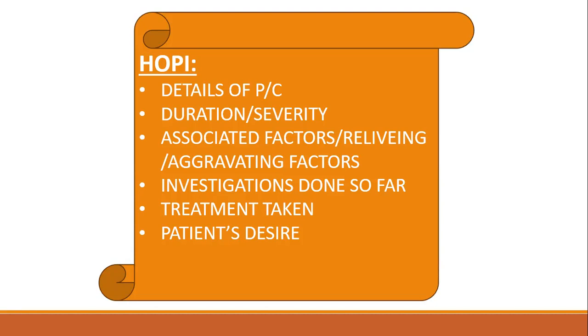And then ask about the patient's desire regarding that particular problem. For instance, if there is a mass in the abdomen or a fibroid uterus, you can ask what she wants: medical management, surgical management, conservative management, or anything else, such as interventional radiology management. So you need to focus on the patient's desire as well.